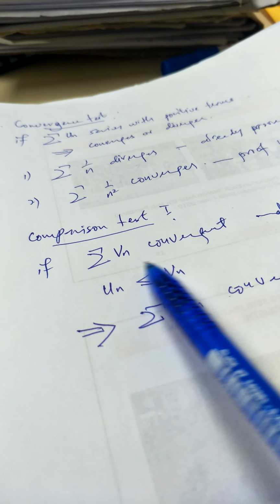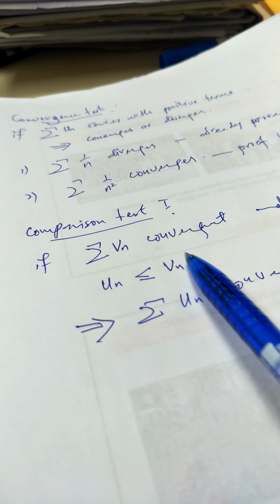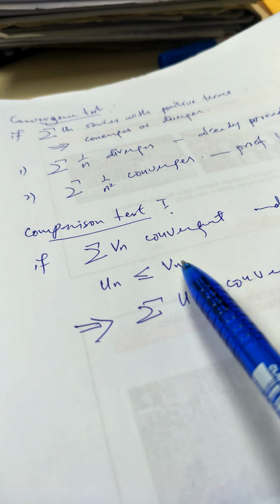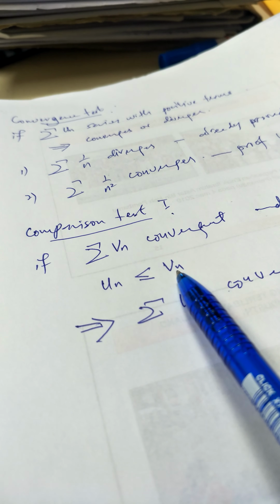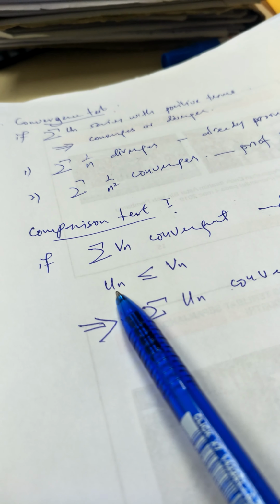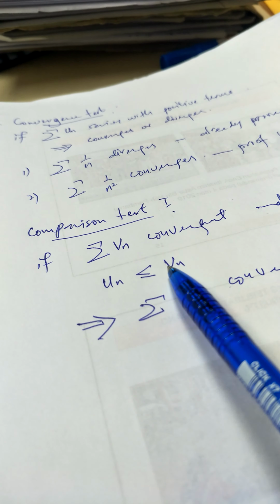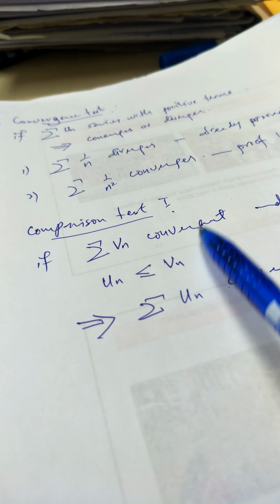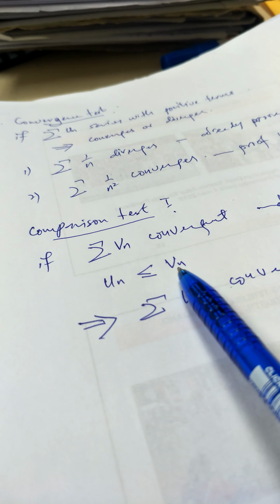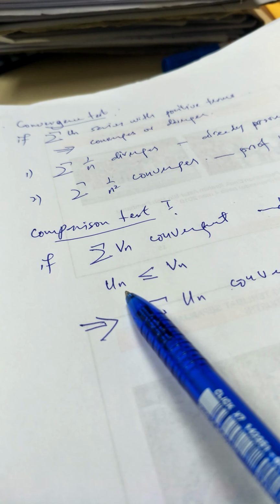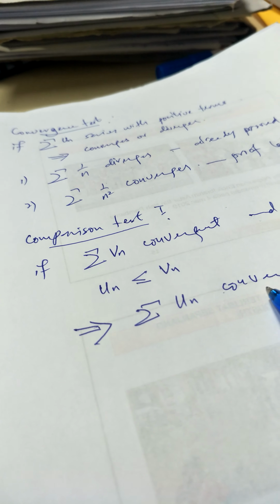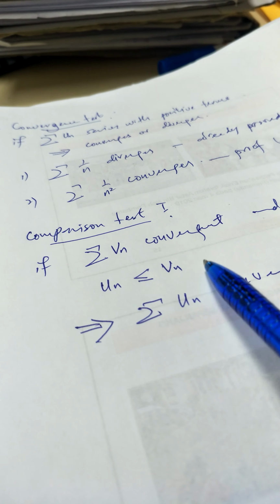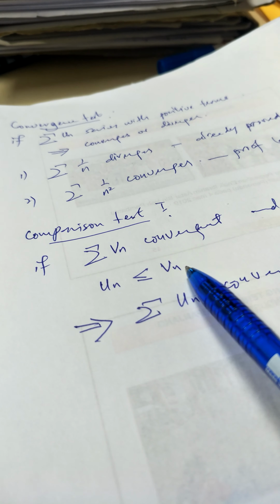In short, if you look at this inequality, we can see that Vn is bigger than Un. So if the bigger series converges, then the smaller series converges. This bigger series, we already know the properties.